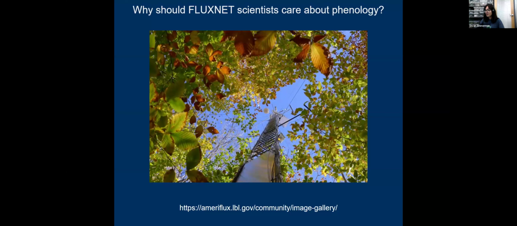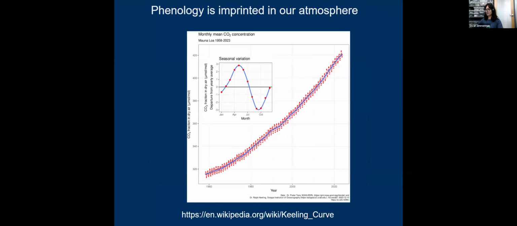Phenology thus plays a strong role in shaping land atmosphere fluxes of mass, energy, and momentum, the growth and structure of the planetary boundary layer, and the broader general circulation and composition of the atmosphere.